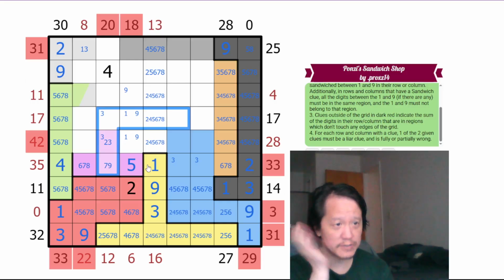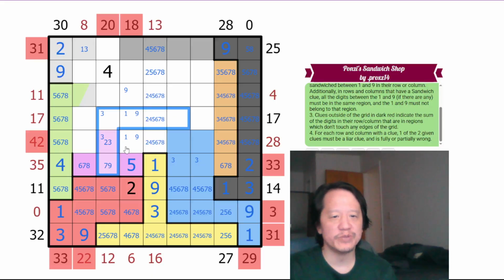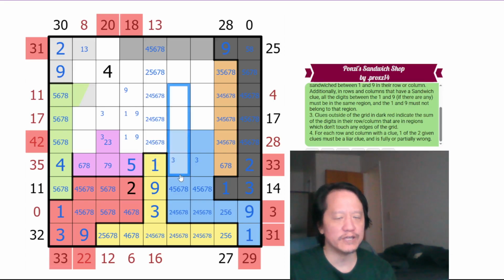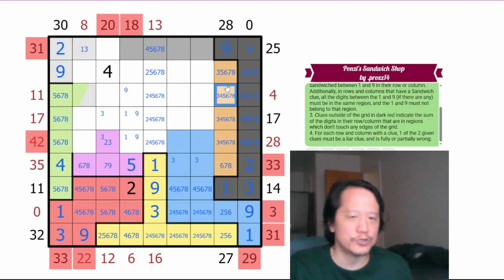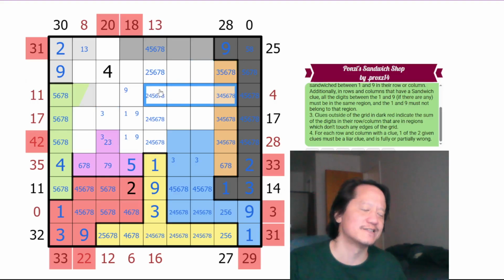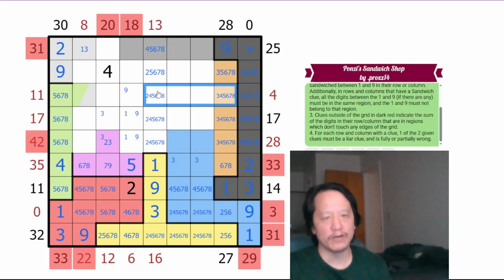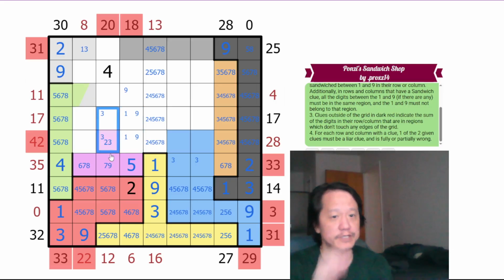I was thinking that 16 is incorrect because 26 plus 16 is 42, which would leave just 3 remaining for the pink region. But we already have a guaranteed 3 here. But orange could actually go this way too, so that's not guaranteed. And the thing is, we have 1 guaranteed here, we have 3 guaranteed here for the pink.